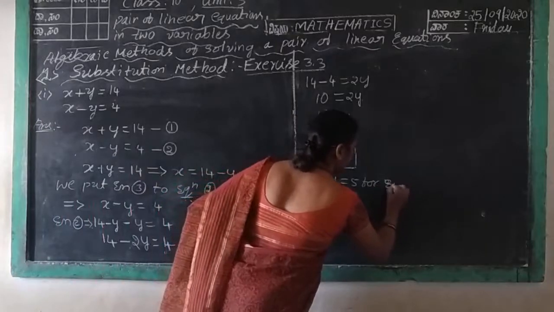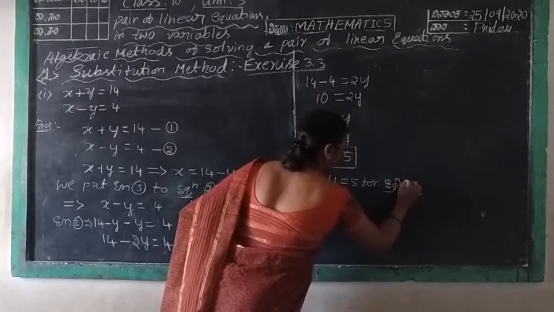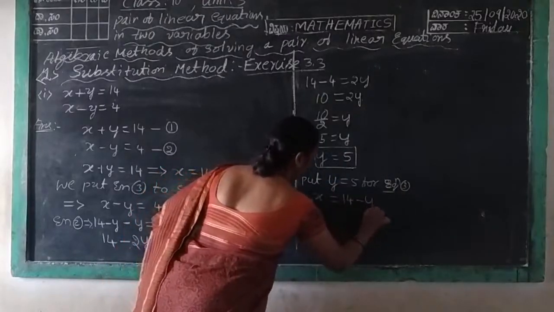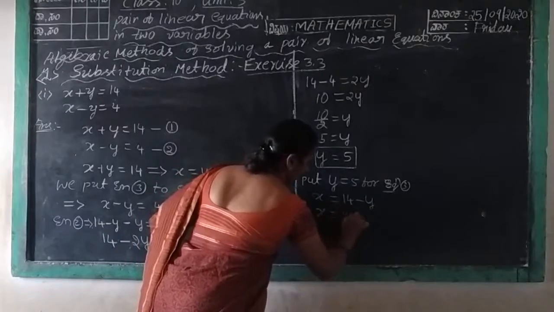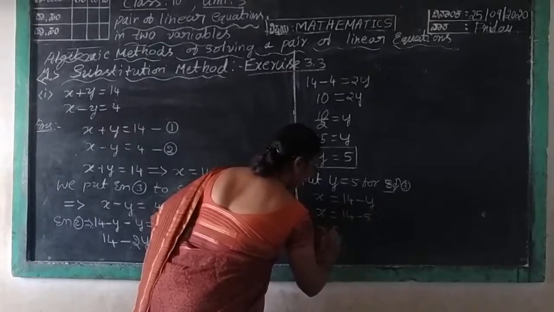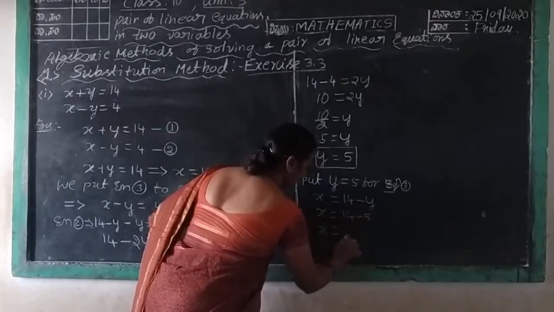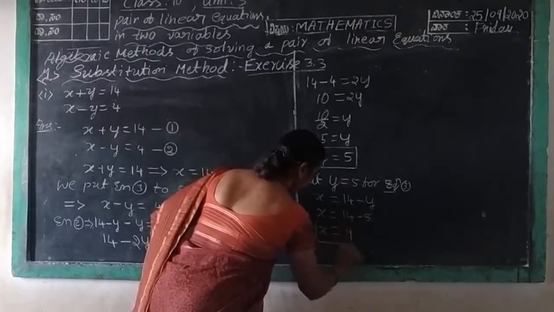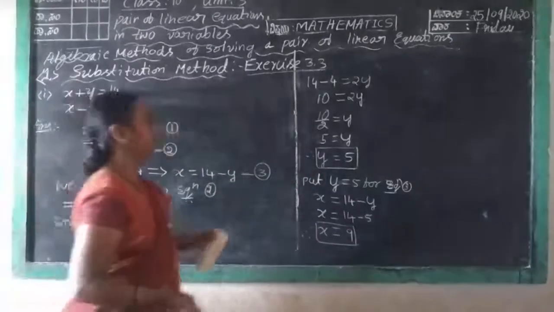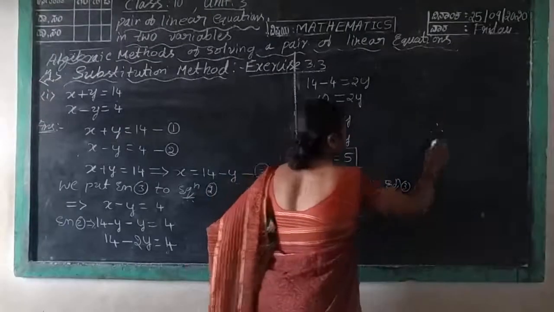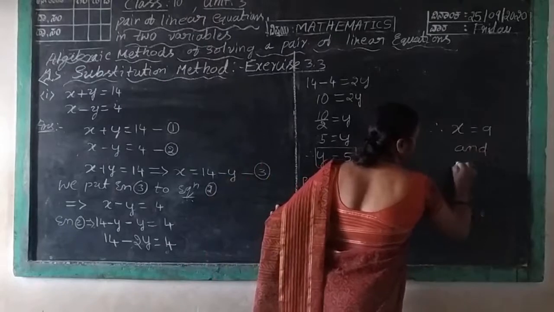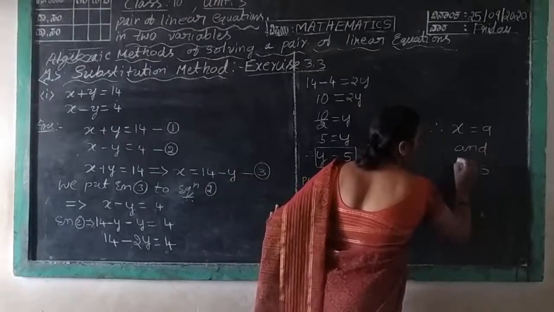For equation 3, x is equal to 14 minus 5, that is equal to x. 14 minus 5, where 5 is the value of y. Subtract this, we will get the x value is 9. Therefore we get the answer: x is equal to 9 and the y value is 5.